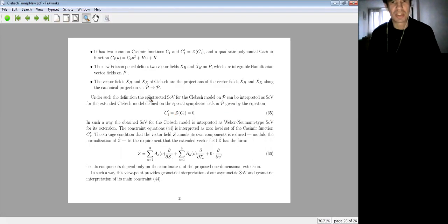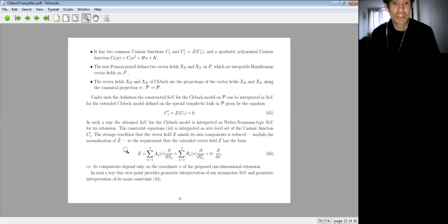So like in the Neumann case, we have C'1, not C1, and C'1 is equal to 0. C'1 is exactly zeta of C1, that is our constraint. In such a way, the obtained separation of variables is interpreted as Weber-Neumann type separation of variables for the extension of the Clebsch model. Our main constraint equation 44 for the function V is interpreted in this case as the zero-level set of the Casimir function C'1.